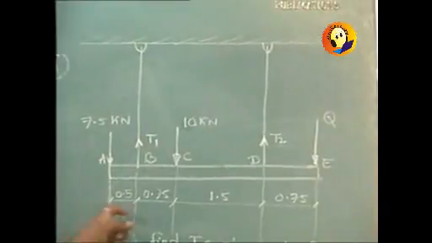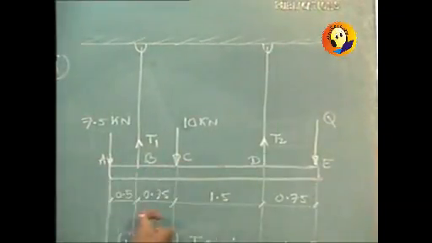All the distances are also given to us, forces are vertical, and all the horizontal distances are known: 0.5, 0.75, 1.5 and 0.75. So we can easily take the moment with our assumption of clockwise moment as positive.